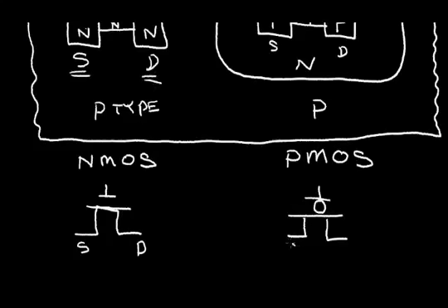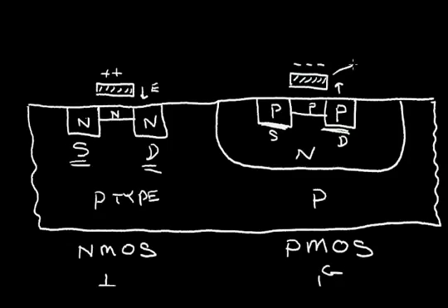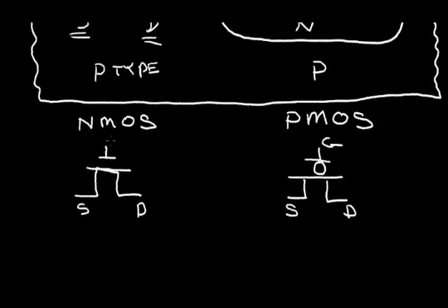If this is a source connection and drain connection, that corresponds to this source and this drain. This is my gate material. That corresponds to this, and the NMOS has a gate material here. That corresponds to this connection.